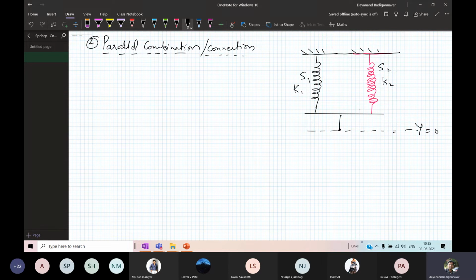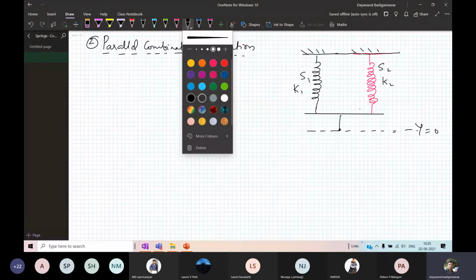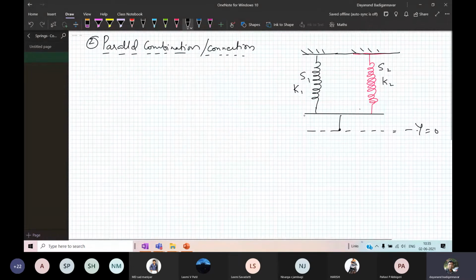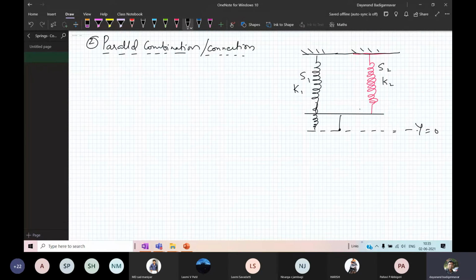Now I have applied a mass to it. Once I apply a mass, the springs get elongated. There is an elongation in the spring. It gets elongated and reaches this position. I will use a slightly different color for this spring.